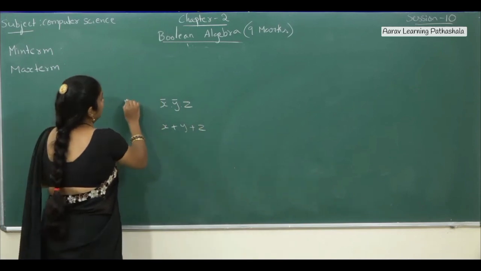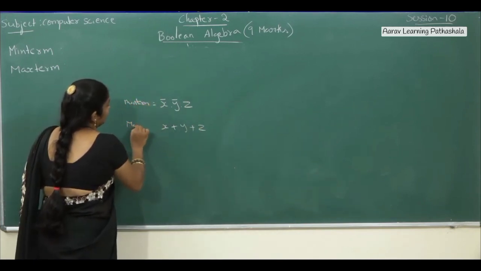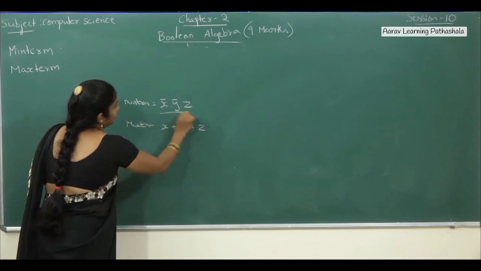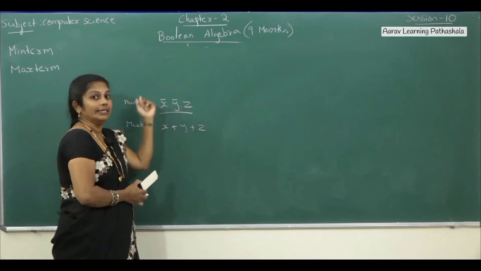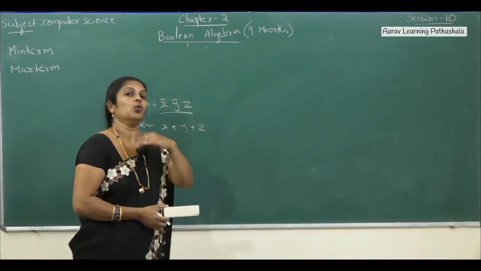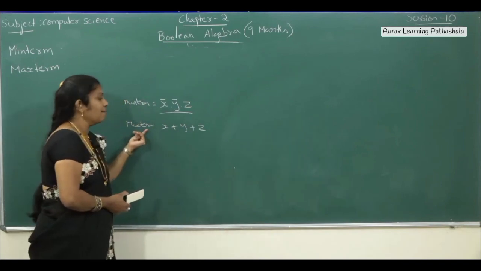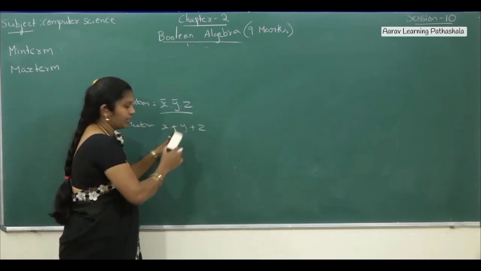See, what exactly does minterm state? Minterm represents the product of all the literals with or without complement, with or without bar. In the same way, maxterm is a sum, here the plus operator means sum.